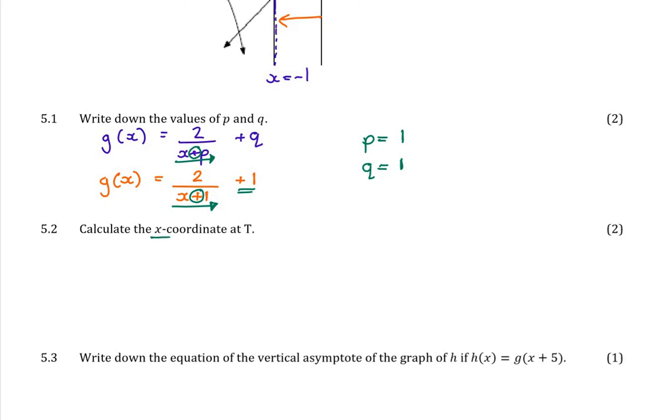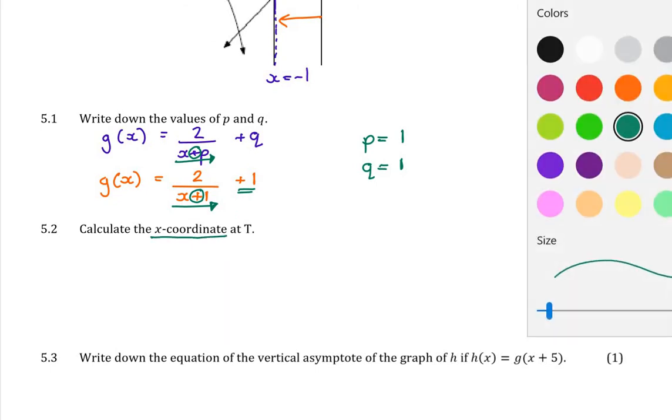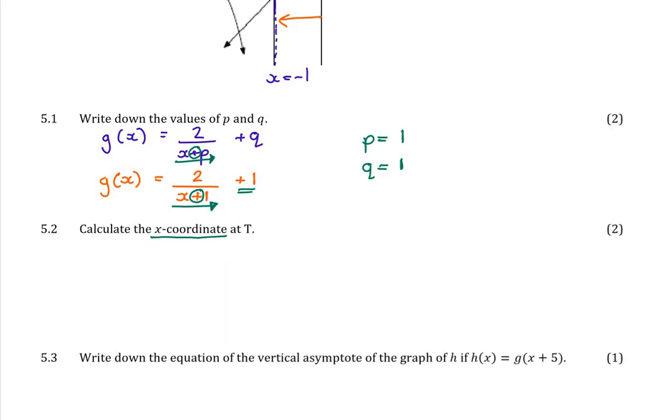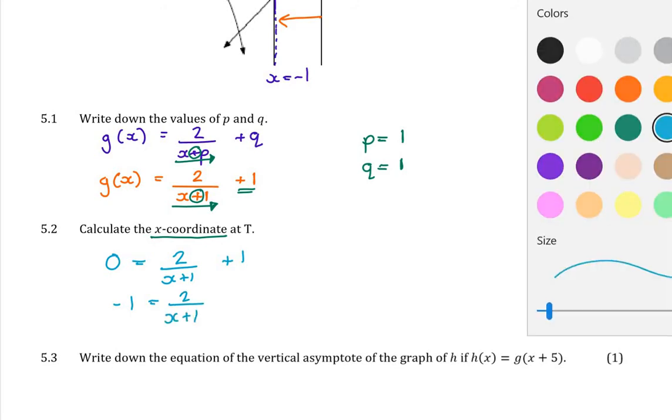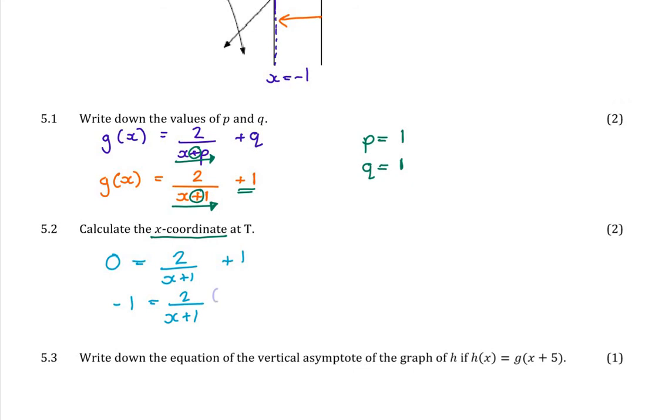Right, 5.2 says calculate the x-coordinate at t. Careful, it just says x-coordinate, so I don't actually have to write it as a coordinate. I just need to know my x value. Now that's an x-intercept. So at an x-intercept, y is equal to 0. So if I take my hyperbola that I've just worked out, I prefer to get one term on either side so that I can multiply both terms by x plus 1.